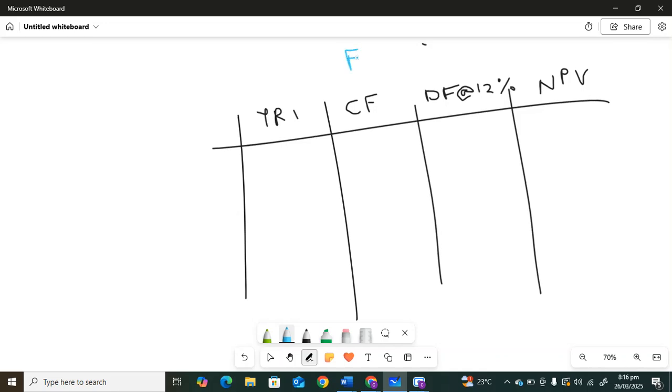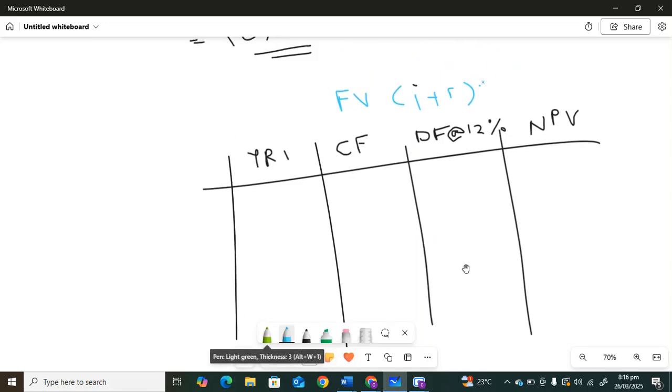It is your future value multiplied by 1 plus R, where R is your discount rate in this case, to the power negative T. Our future values are coming from the cash flows, and our discount factor is this 1 plus R to the power negative T. Since our discount rate is 12%, here R you substitute with 0.12. 1 plus 0.12, you get 1.12.